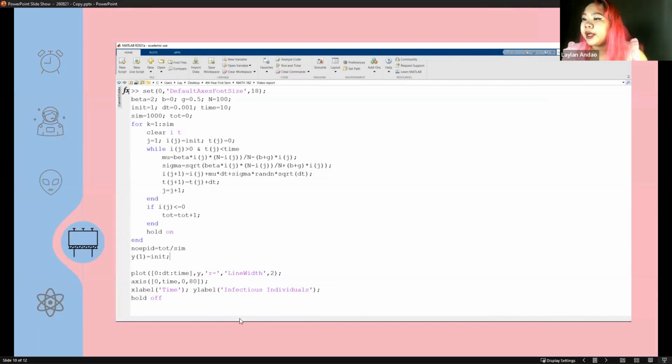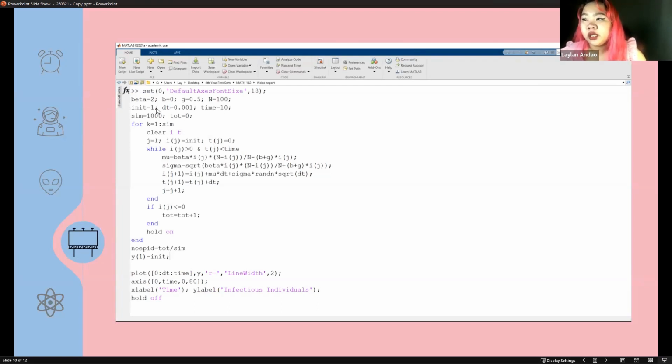Ito na yung MATLAB na ginawa ko with the formula. Isa-isahin natin. Here, beta is equal to 2 since ang contact rate is equal to 2. B is 0 because wala tayong recovery rate. Etong G is the infection rate, pretty straightforward, and N is the total population, parehas ng sinabi ko kanina.